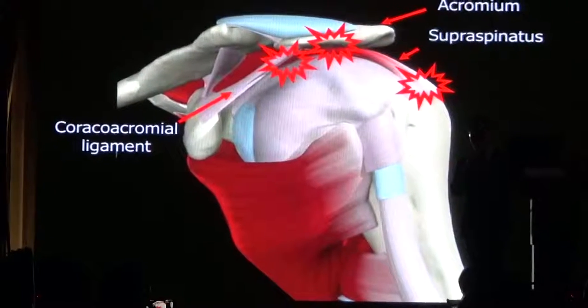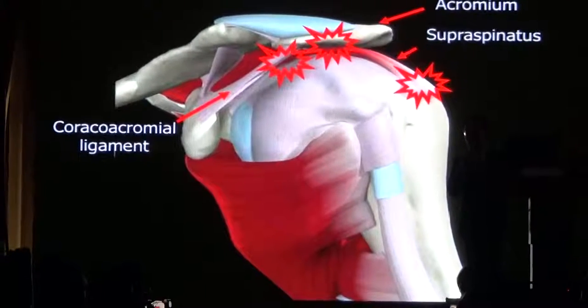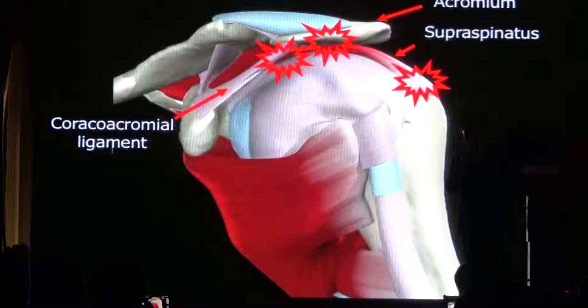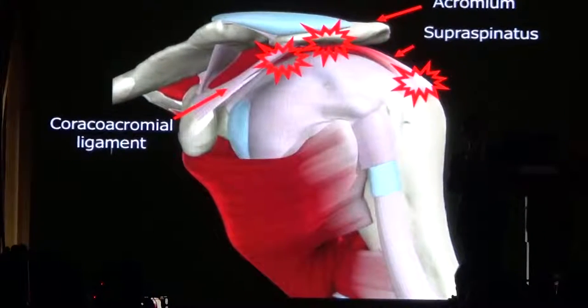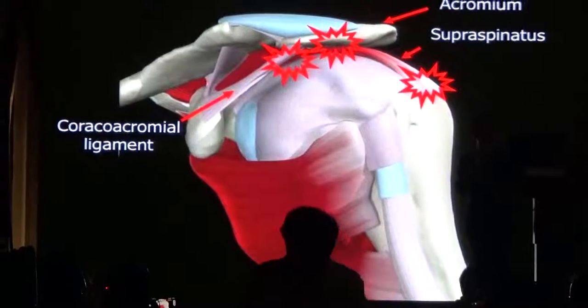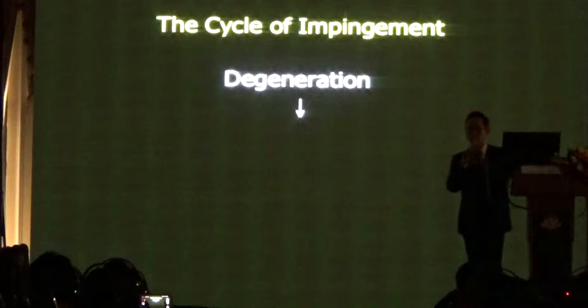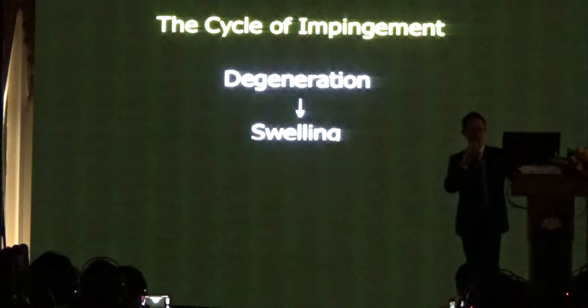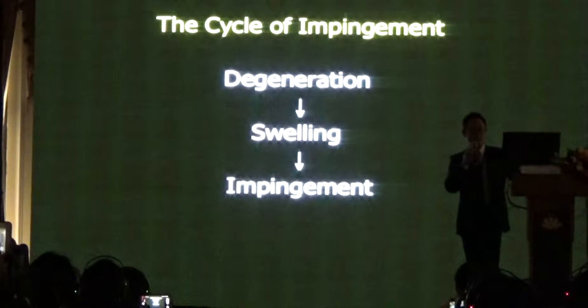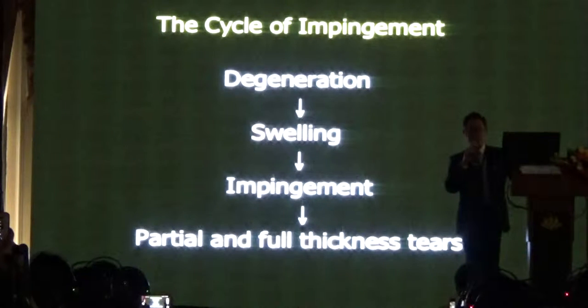And so when surgeons do a decompression for this condition, often they will shave the underside of the acromion and divide the coracoacromial ligament. We know that impingement is a cycle of degeneration of the rotator cuff tendon with swelling, and that can lead to impingement of the tendon, and that can, in turn, lead to full thickness tears.